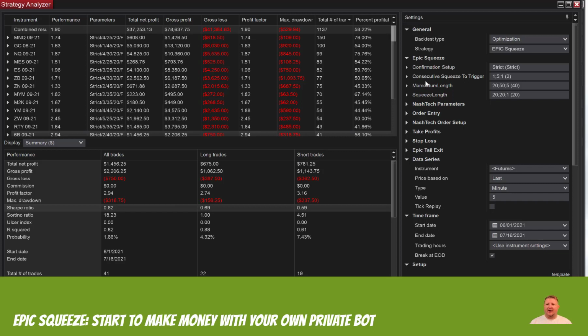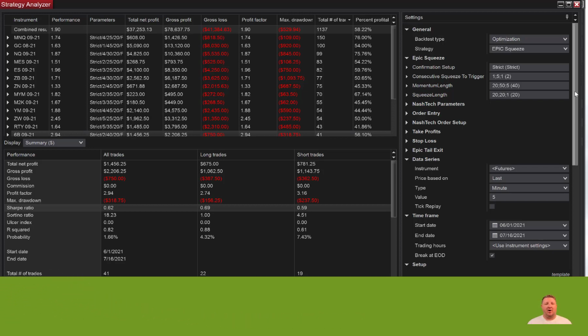All right, so I had run this last night. We have some nice high performance computing here at NasTech, and I'm not using tick replay. I'm not using anything too crazy. I honestly think that these strategies will test out and do much better with tick replay because the entries are for scalping, and those entries are usually intra-bar.